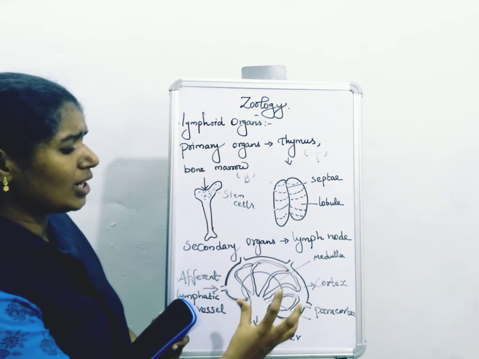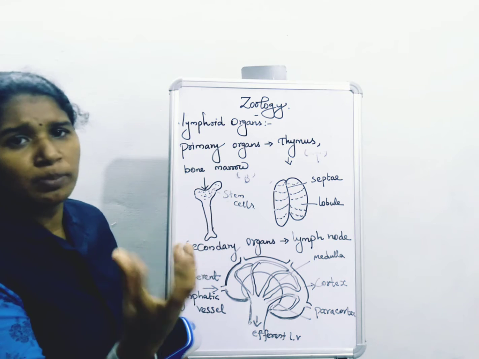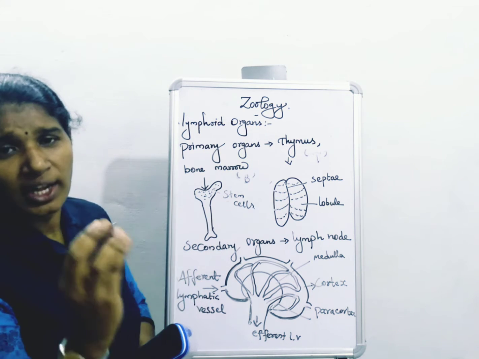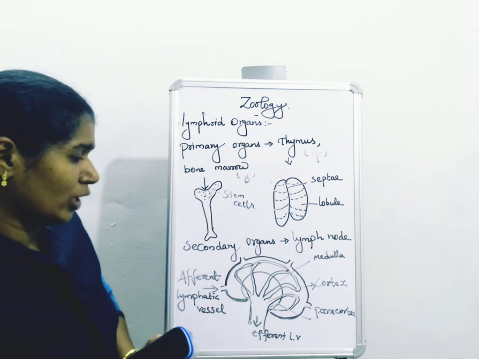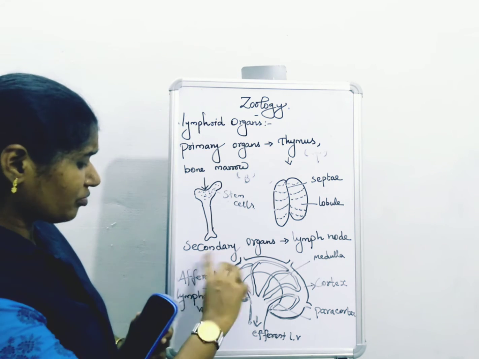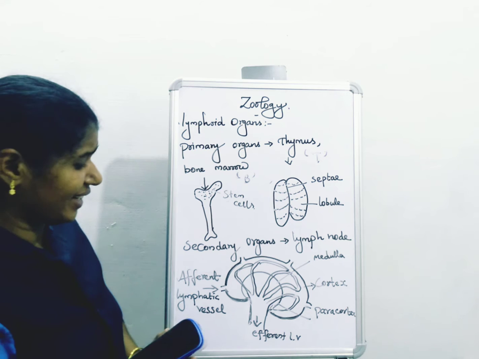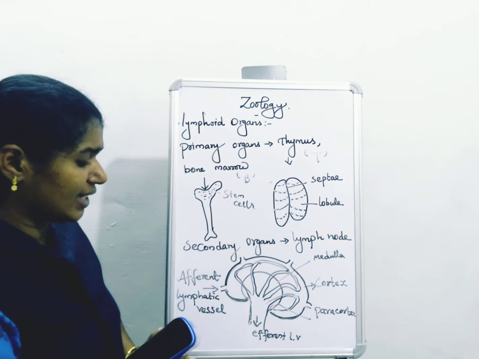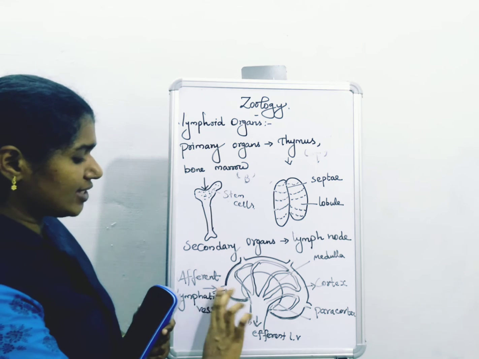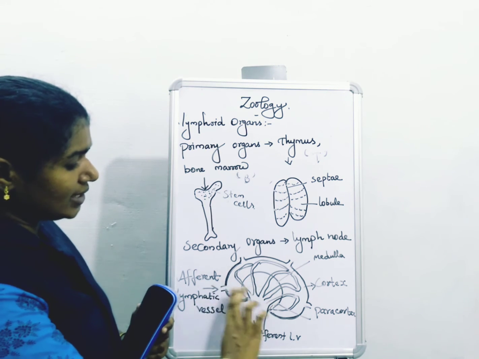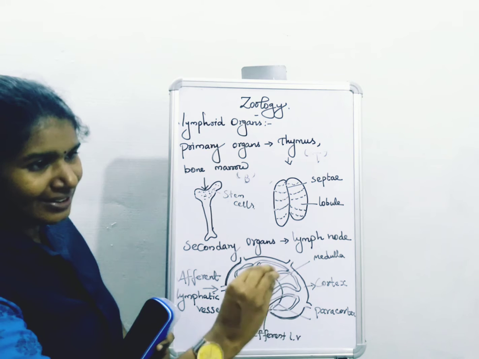The lymph node is small, like a small bowl or a cauliflower, a small pea-like structure. The lymph node has two lymphatic vessels connected, the afferent lymphatic vessel and the efferent lymphatic vessel. The afferent lymphatic vessel carries the lymphatic fluid, called lymph.